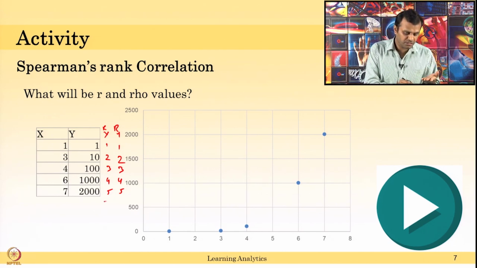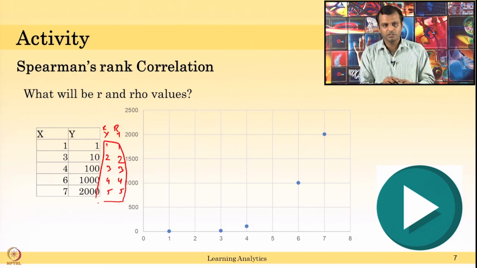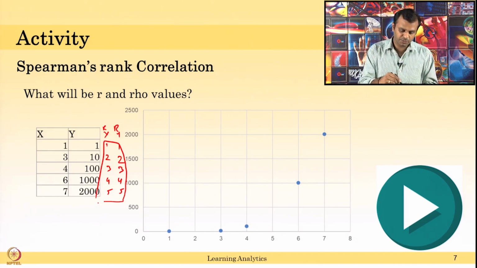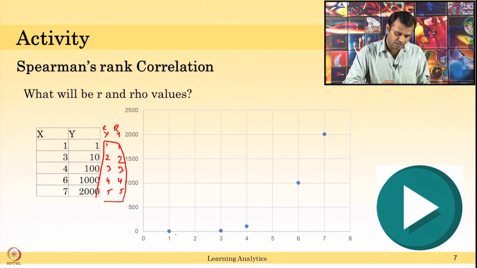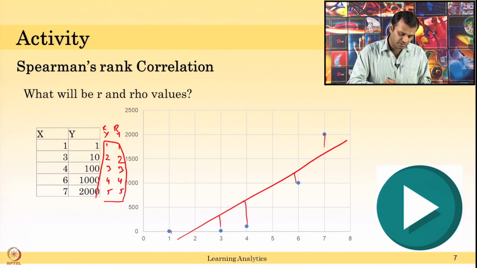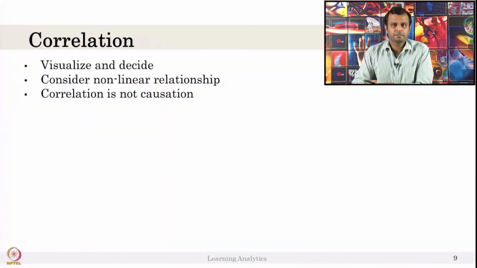Or if you compute Pearson's R on these rank values, it is kind of a self correlation, it is definitely 1. So, that is why the Spearman's rho is 1, but the R value is not 1. R is trying to fit a line, maybe the line is trying to fit like this. There is a small difference between the values on these lines, that is why it is 0.81.